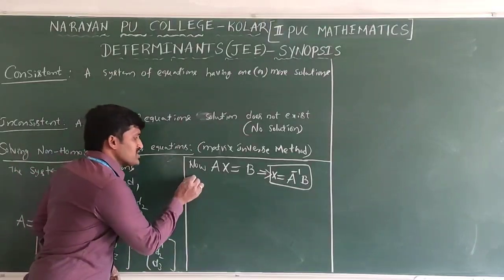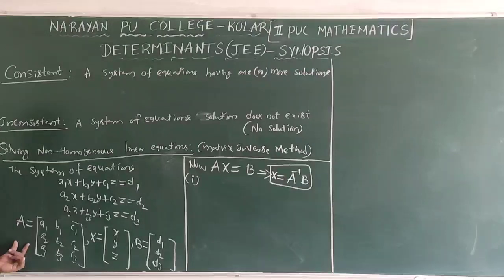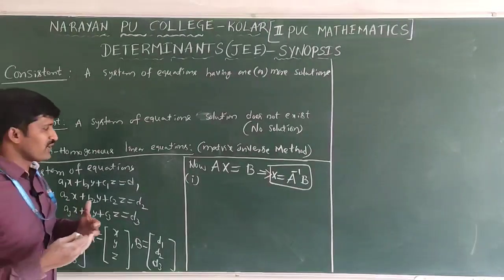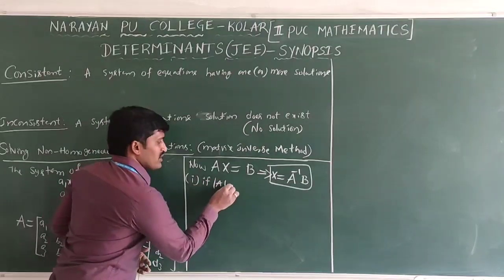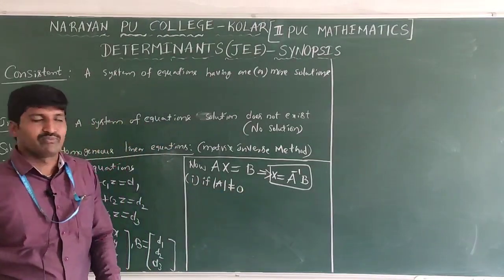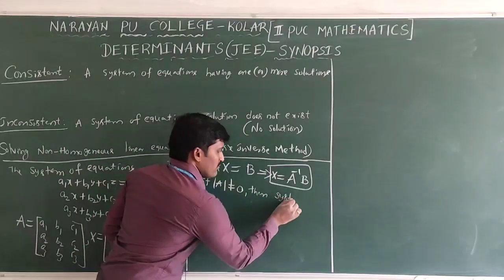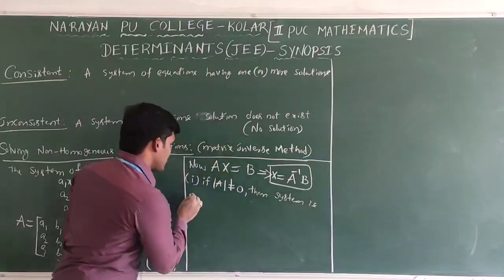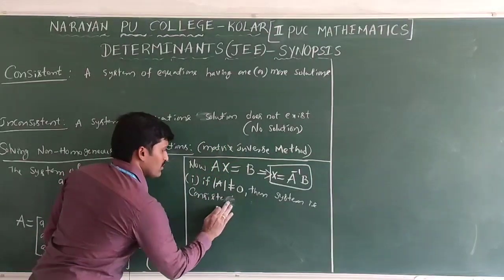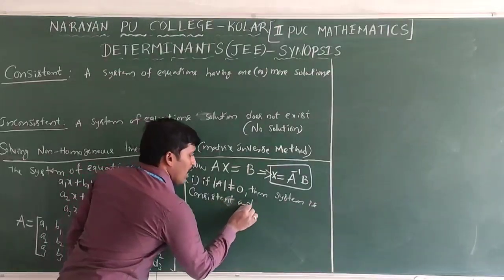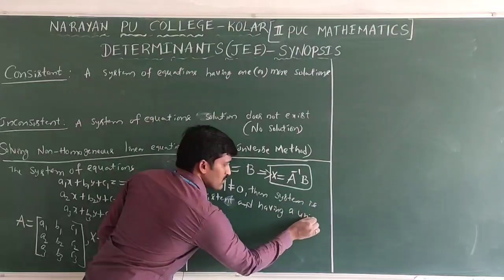And there are some conditions we need to follow. Based on the determinant value, delta of A, the solution will come in different formats. First, if det A is not equal to 0, then the system is consistent and has a unique solution.